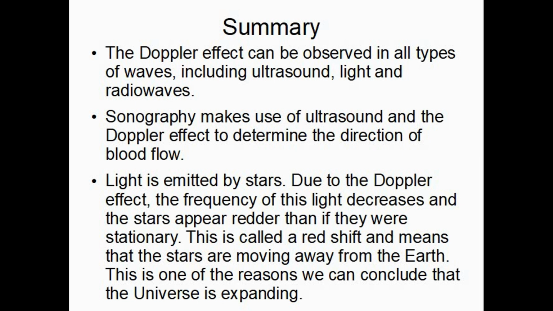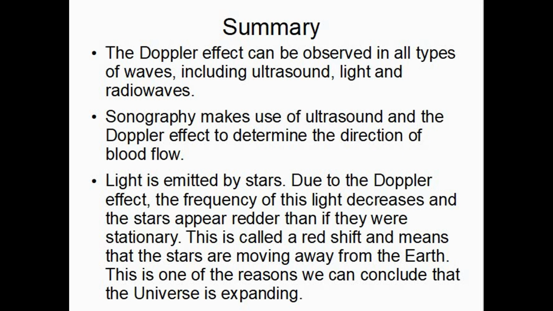Due to the Doppler effect, the frequency of the light emitted by the stars decreases, and the stars appear to be redder. In other words, their frequency tends to go more to the red shift. It also means that the stars are moving away from Earth, so the distance between the stars and the Earth is increasing.